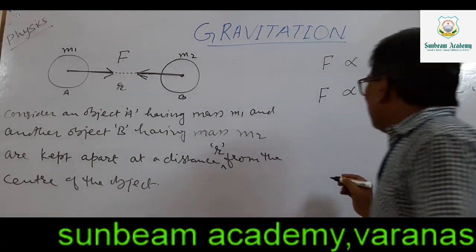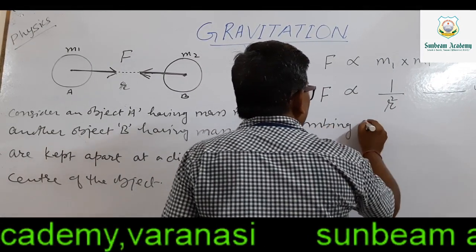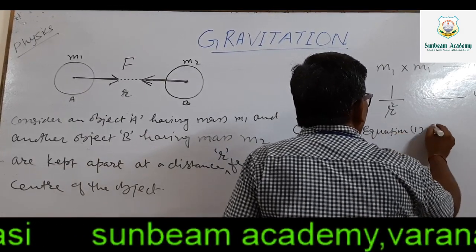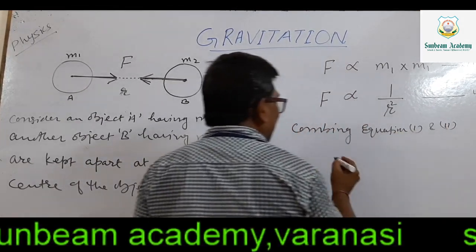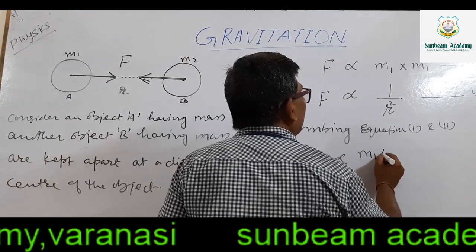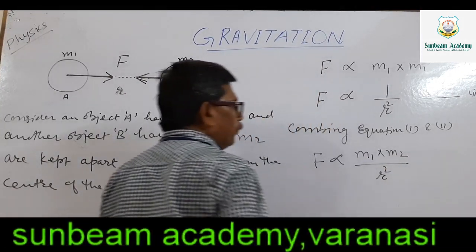Now, combining equation 1 and 2, you can write here F is proportional to m1 into m2 upon r square.